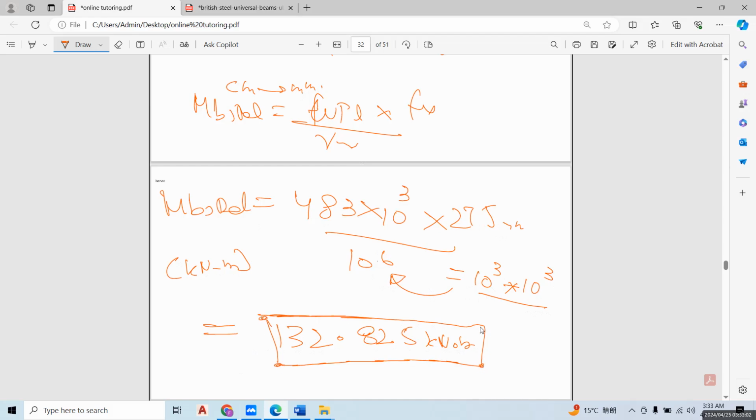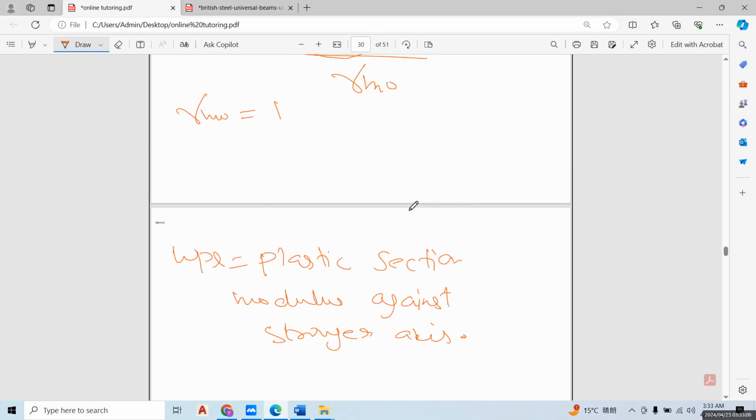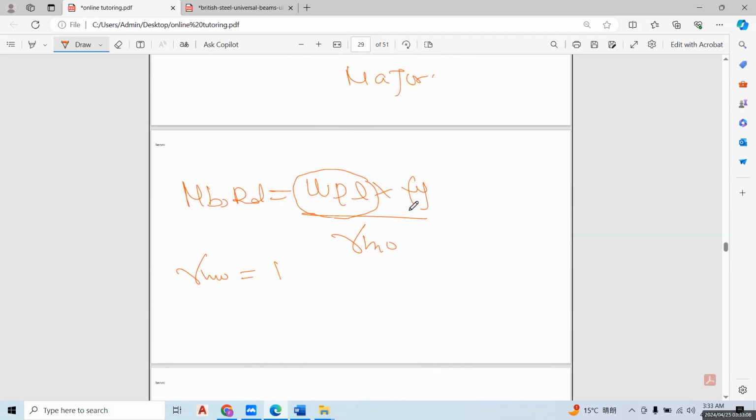Right, can you just go back to the initial formula itself? I want to see it again. Okay, I can't really read that. What's the formula? This is actually the bending resistance of section.